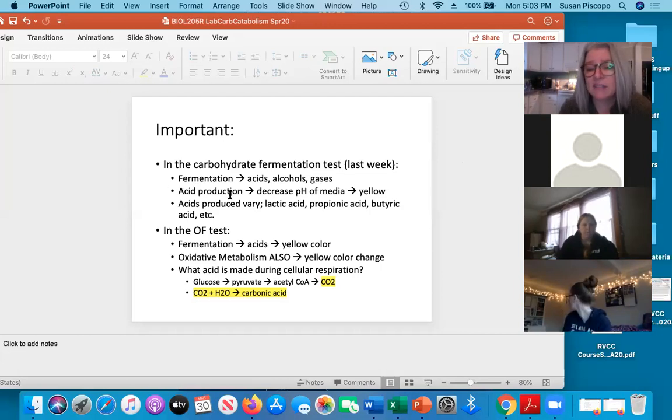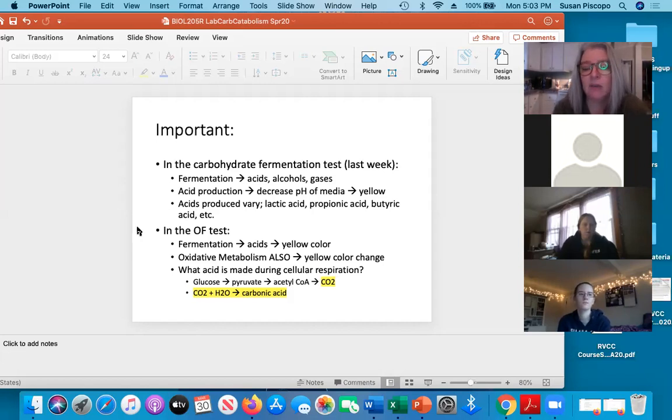And when acids are produced, those acids drop the pH down and they turn the media yellow. Depending on the fermentation pathway, you can get all different kinds of acids made, but they're all acids. So lactic acid and propionic acid and butyric acid, there's lots of them that can be made during fermentation. As long as it's an acid, though, it turned the fermentation media yellow.